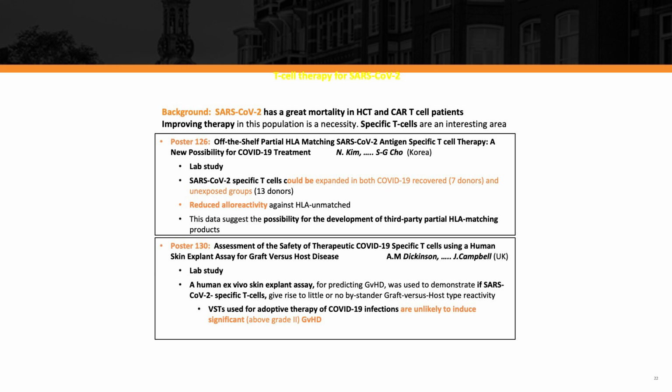And the second poster is an in vitro test that shows that these cells have quite low alloreactivity and also supports that they can maybe be used in the treatment of these patients. So there are 2 laboratory studies, but I think it's quite interesting. It opens the door to use these specific T-cells in the treatment of COVID.